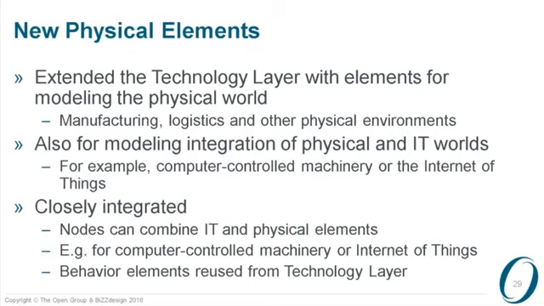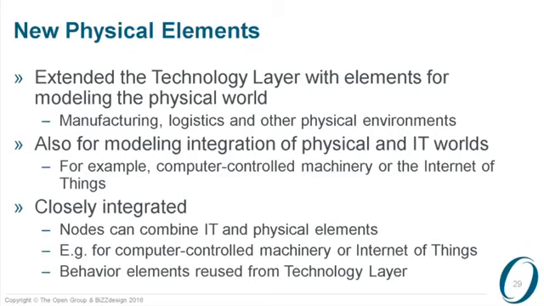And we have done it in such a way that it is very closely integrated. It's not a separate set of concepts, but we use the existing concept node in ArchiMate. You might know that. It's the abstract high-level concept for modeling active structure in the technology layer.